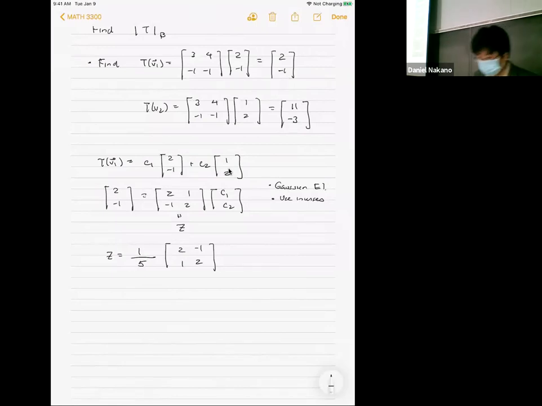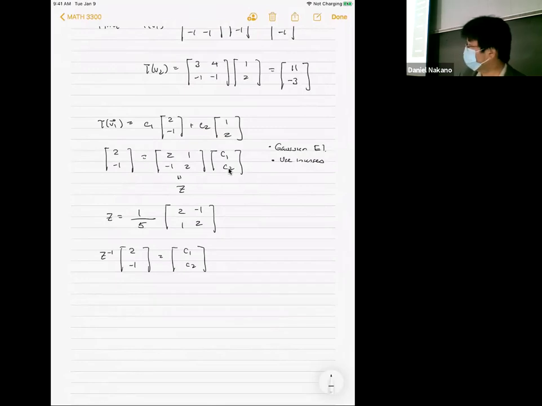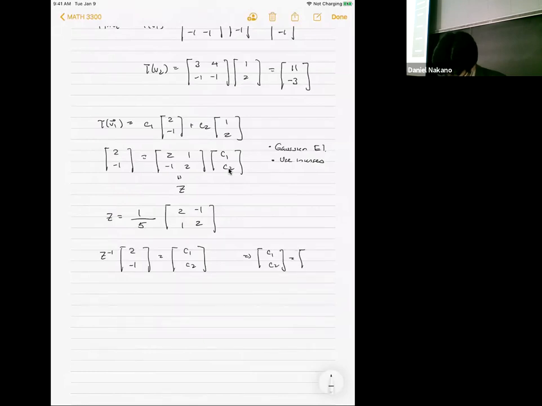And then you just bring it over to the other side. So Z inverse times (2, -1) is going to be equal to (C1, C2). You could see what C1 and C2 have to be, so this implies that C1 and C2 are 1, 0.